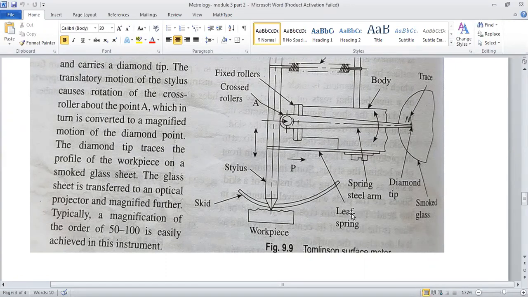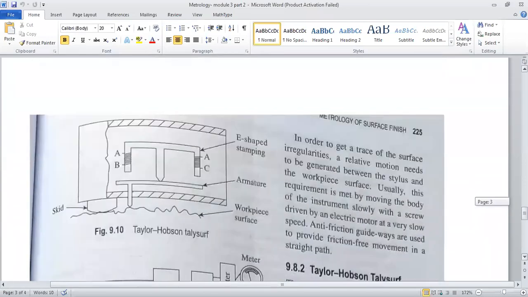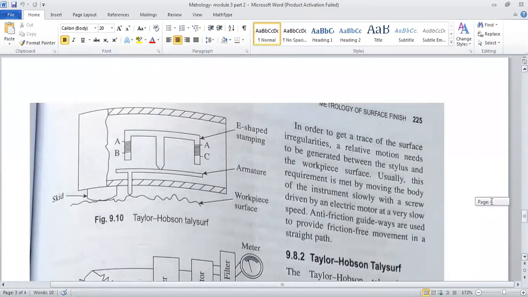But in case of the stylus probe system, the traces of the stylus are converted with different magnification, and we get the accurate electronic result. Very accurate electronic result. So this is the working principle.